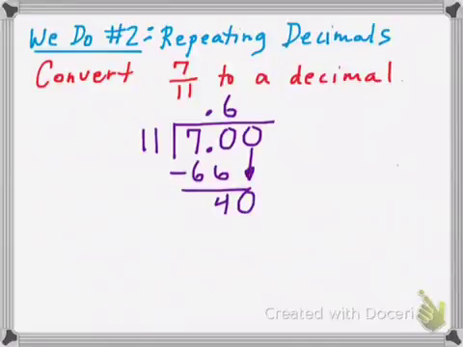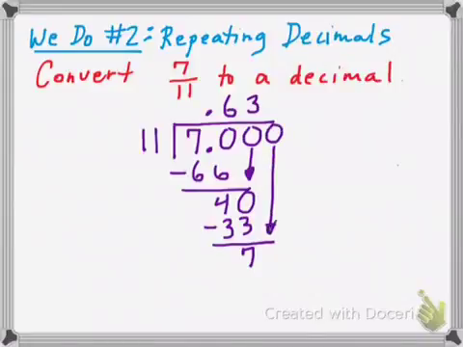Now 11 can go into 43 3 whole times. 3 times 11 I know is 33. And then I go ahead and subtract. 40 minus 33 I know is 7. Since 11 can't go into 7, I add another 0, and I bring that down. You should start noticing something. So 11 can go into 70 again 6 whole times.